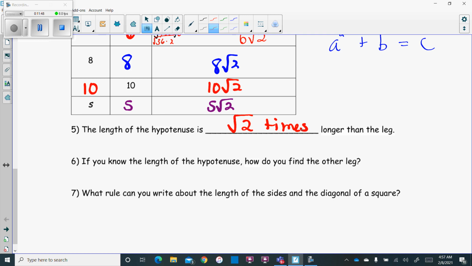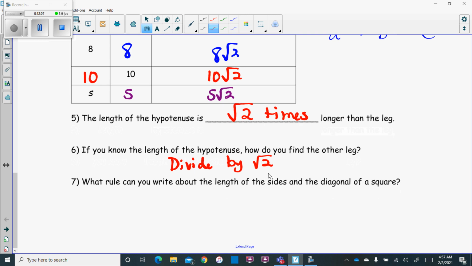Now, if I know the length of the hypotenuse and I want to find the other leg, I'm going to now have to divide. Divide by, because I'm going to have to work backwards. So I have to do the inverse of times. So I'm going to divide by the square root of 2.